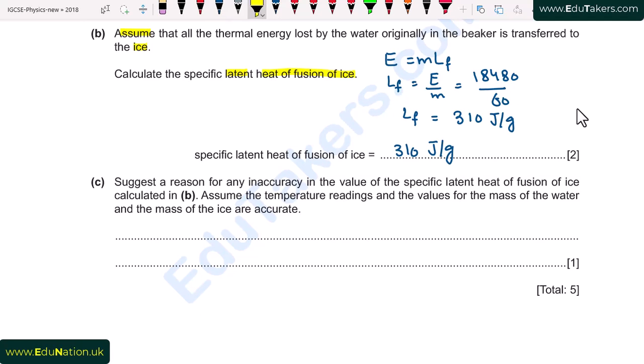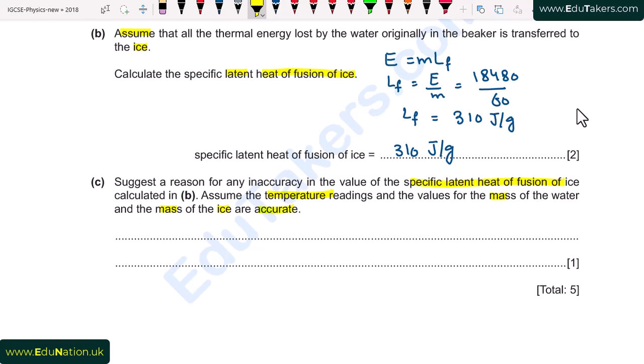Part C. Suggest a reason for an inaccuracy in the value of the specific latent heat of fusion of ice calculated in Part B. Assume the temperature readings and the values for the mass of water and the mass of ice are accurate.